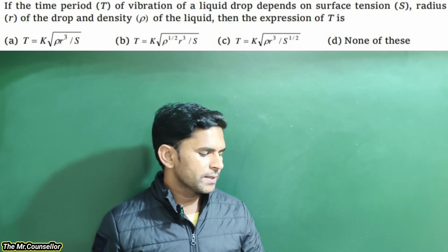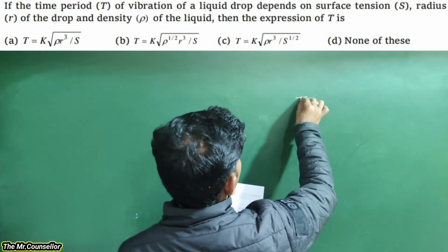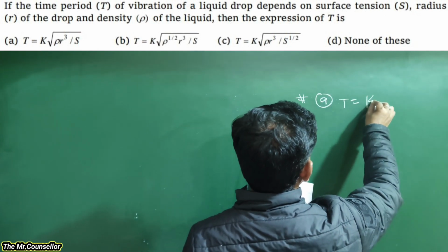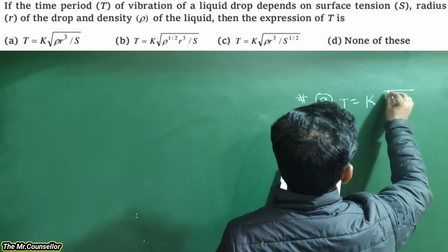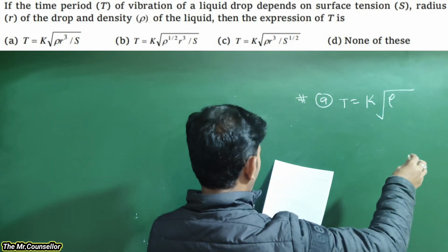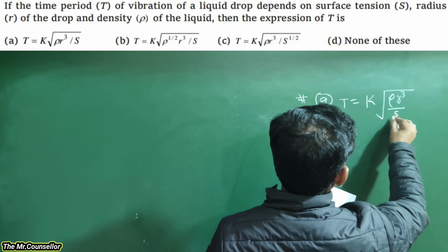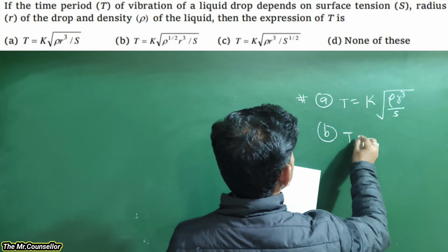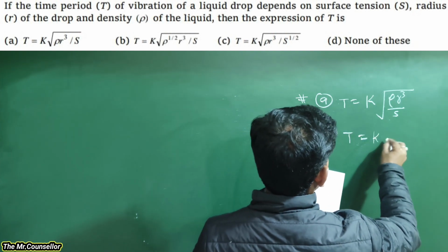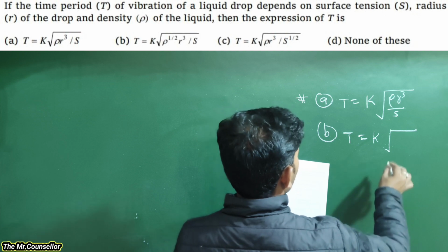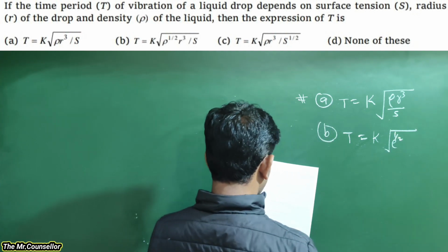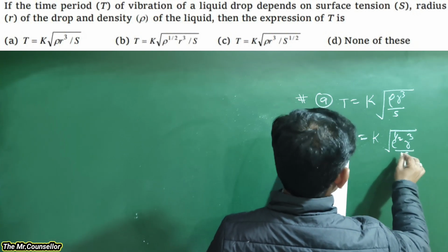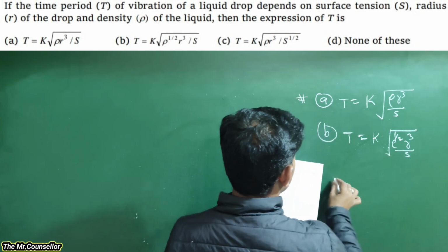So now option A is given. What option A is given? You can see here. Option A, T is equal to K root rho R cube divided by S. Option B is given. T is equal to K root rho power 1 by 2 R cube divided by S. This complete root having, don't be confused, okay?